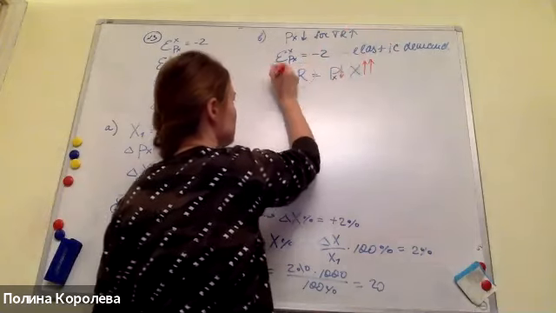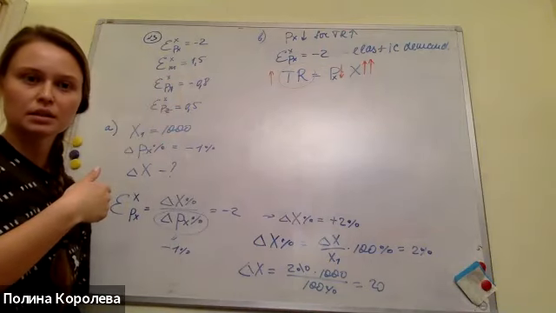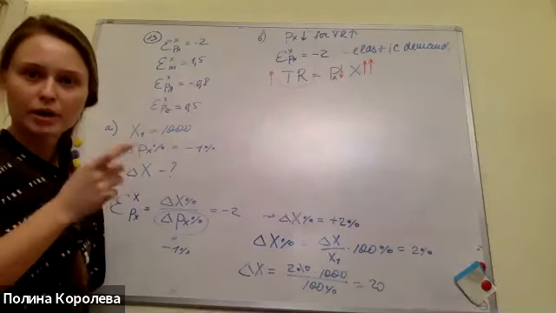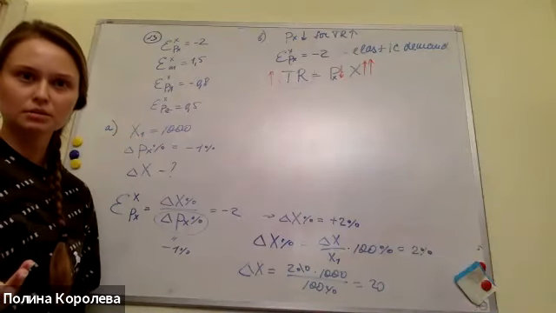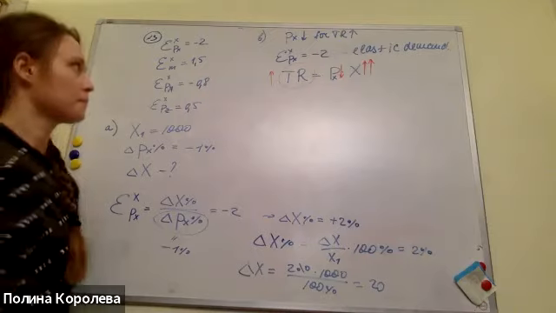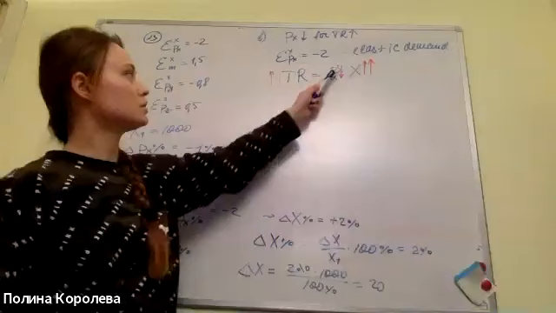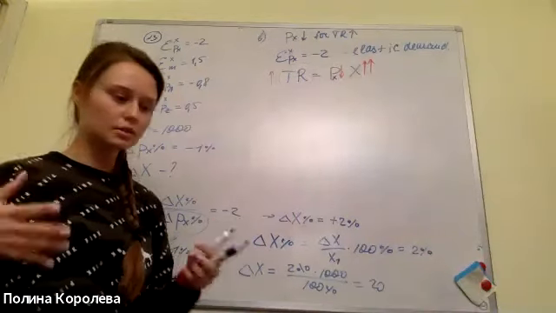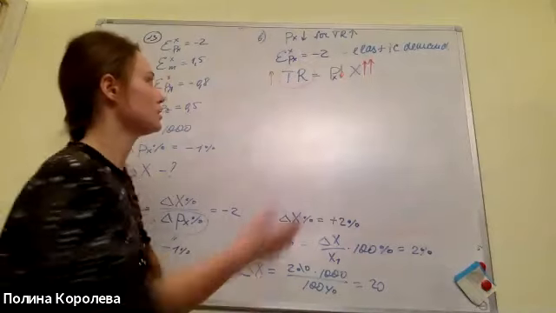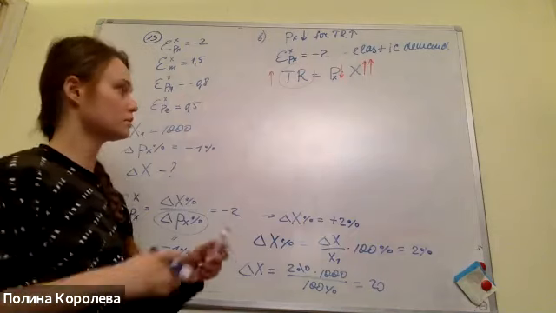So total revenue will increase. And it was shown in the graph in the previous task. When we work on the elastic part, we should decrease the price to increase our total revenue. We have elastic demand here, so we should decrease the price a little bit, such that a lot of consumers will come to us and total revenue will increase. Yes. Better. Okay, so next ABC.